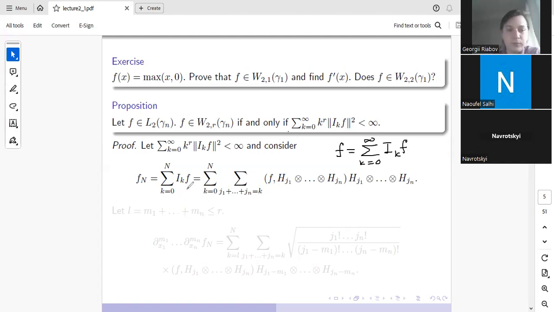So for finite n, consider the sum from 0 to n of projections of f. Explicitly, this is the sum k from 0 to n. Then we take the sum over all Hermite polynomials of degree k, the inner product of f and the Hermite polynomial, times this Hermite polynomial.